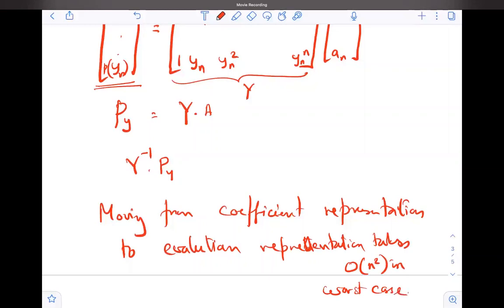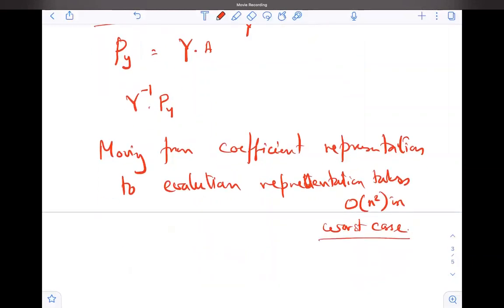Now, why am I saying worst case? Because this is the most trivial way of doing it.